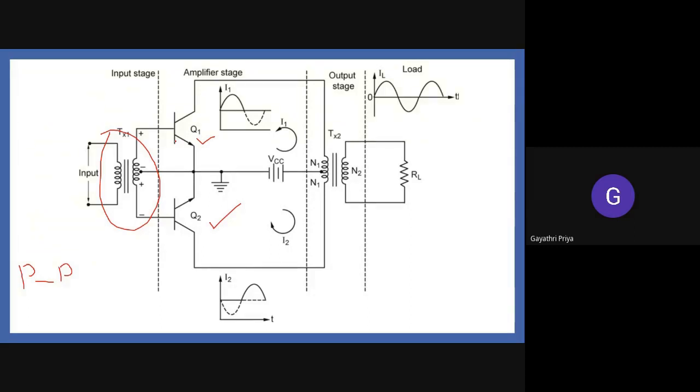In this diagram, we have taken Q1 and Q2 with matched characteristics. That is, its base current, collector current, and all its physical attributes remain the same. That's why we call Q1 and Q2 matched transistors.